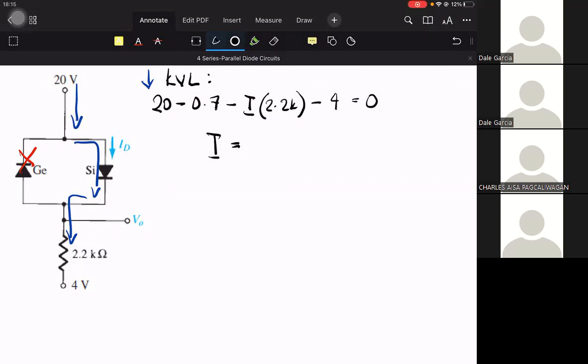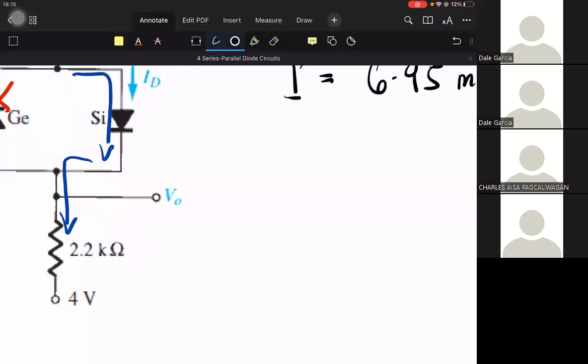6.95 milliamperes. Okay. So how much is VO? VO is not equal to the current times the resistance of the load alone.